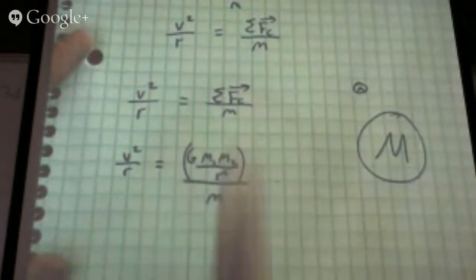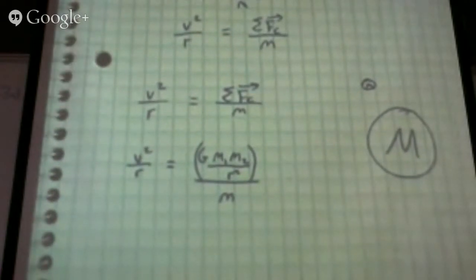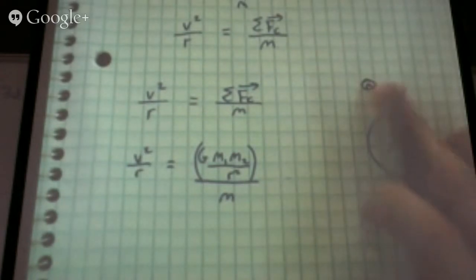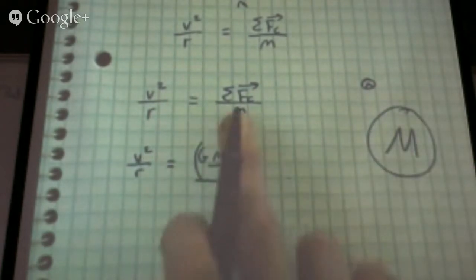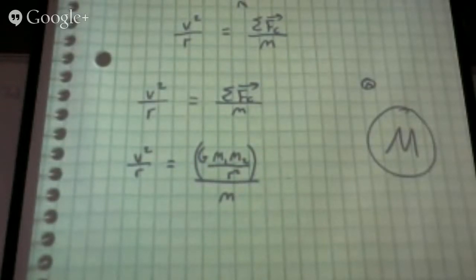I've just replaced the net force term with this gravitational force term. We need to clarify our m's a little here because we're working in a few different systems. The two m's are the little mass and the big mass. In Newton's second law equation, the mass we're talking about is the mass of the thing that's going around in the circle, the little thing.